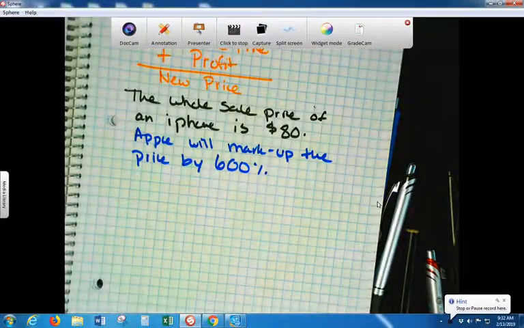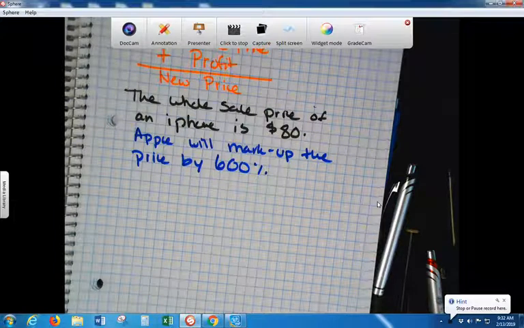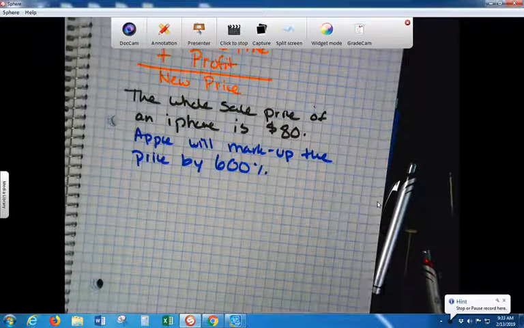Now, something interesting about markup compared to all the other things we've done these past 2 weeks is that the percent will be large. Taxes are small, 5%, 6%, 8%, 9%. Markups, 50%, 40%. But markups are huge, sometimes over 100%, most of the time. Okay, so the first problem.